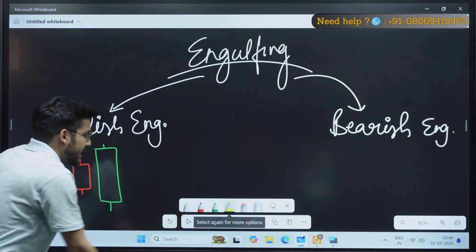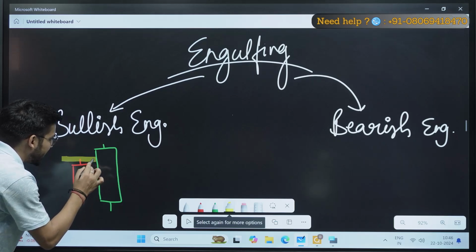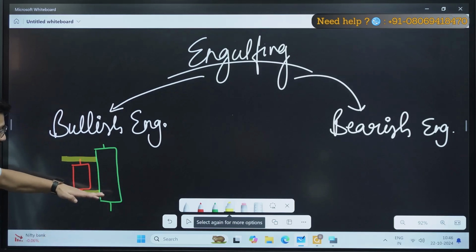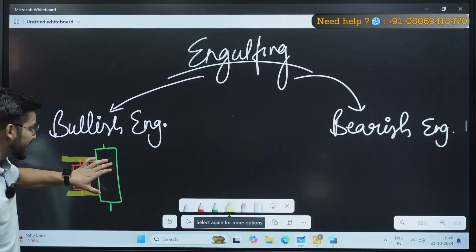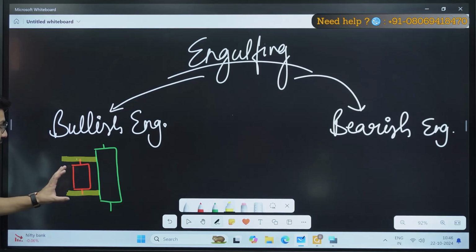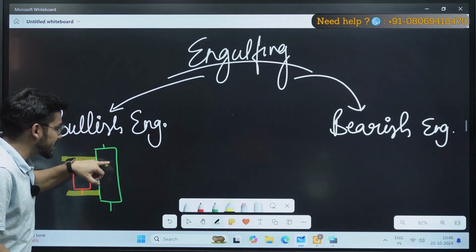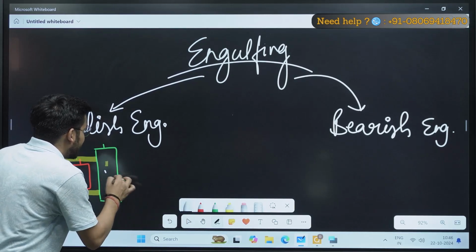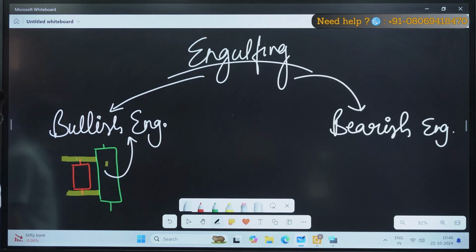You can see this red candle is between the open and close of the green candle, so it is completely engulfed by the green candle. That is when you say this green one is my bullish engulfing candle.